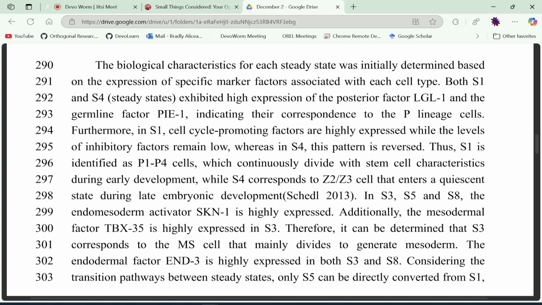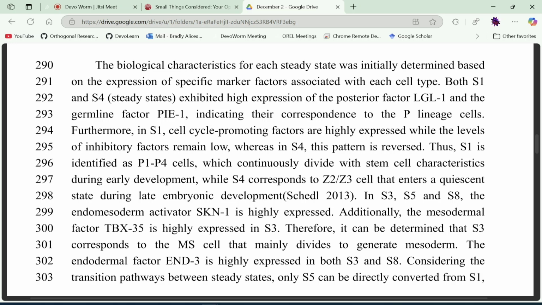In S3, S5, and S8, which are all steady states 3, 5, and 8, the endomesoderm activator SKN1 is highly expressed. Additionally, the mesodermal factor TBX35 is highly expressed in steady state 3. Therefore, it can be determined that steady state 3 corresponds to the MS cell, one of the founder cells, that mainly divides to generate mesoderm.